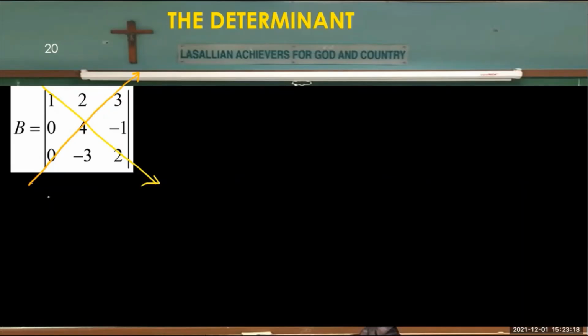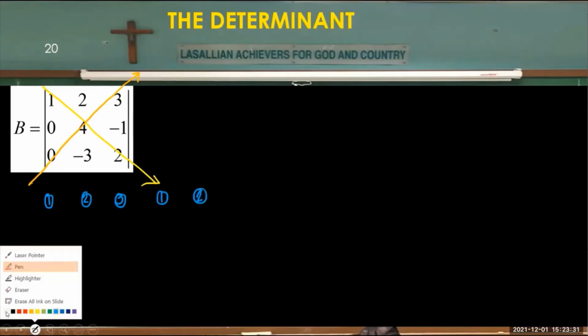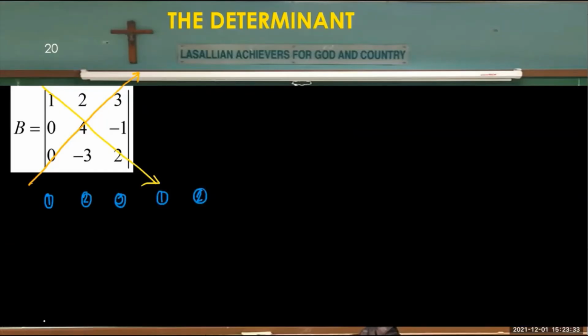So let's say this is the first column, the second column, this is the third column. What we usually do is copy the first 2 columns and then extend that. The elements in the first 2 columns are 1, 0, 0, 2, 4, negative 3. So those are the elements of the other columns.